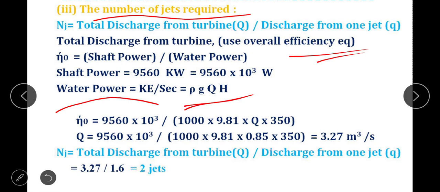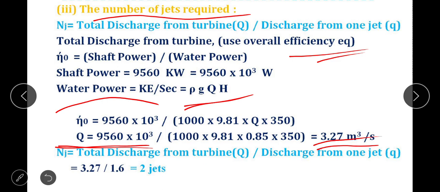Capital Q we can find out, and capital H, net head available. So overall efficiency is given as 9560 multiplied by 10 cube whole divided by 1000 multiplied by 9.81 multiplied by capital Q, keep it as it is so that we can find out, multiplied by 350, that is nothing but head. Therefore capital Q is worked out to be equal to 3.27 meter cube per second.